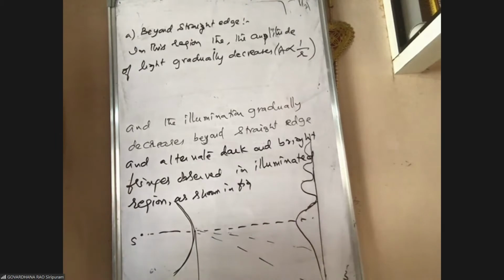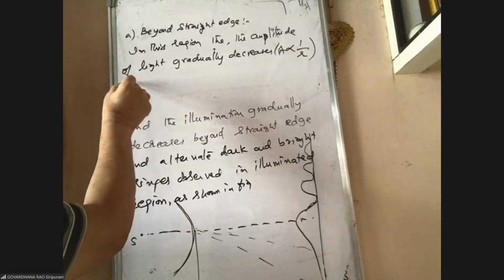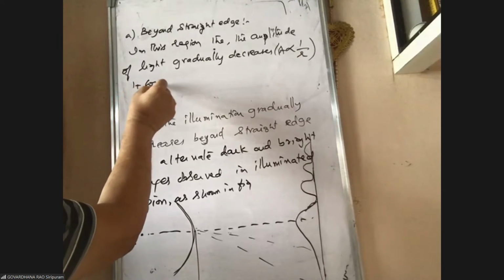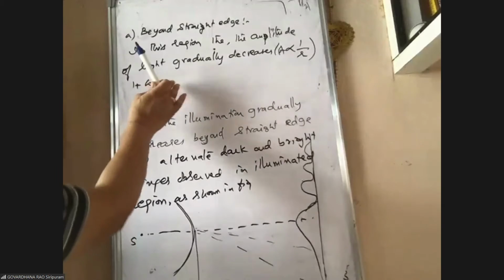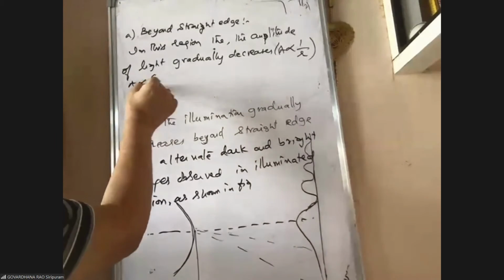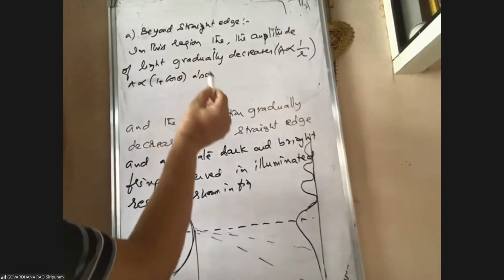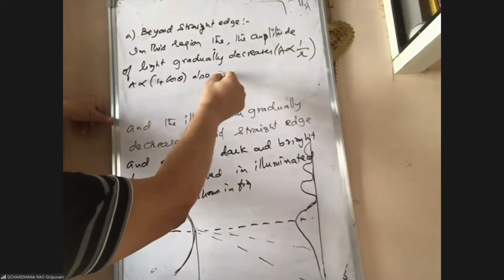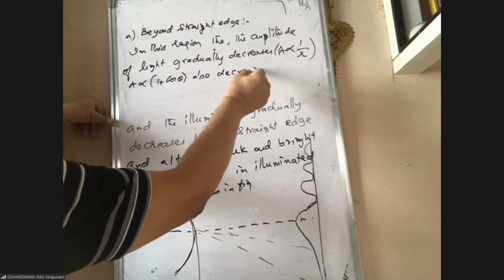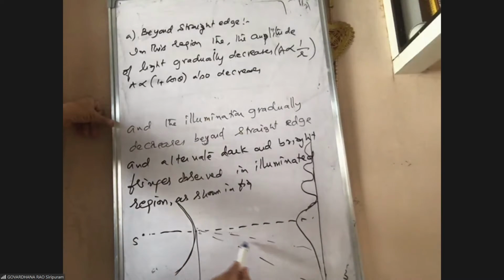So amplitude gradually decreases, and amplitude proportional to 1 plus cos theta also decreases. Why? As you are going down, this is theta, and theta still increases.